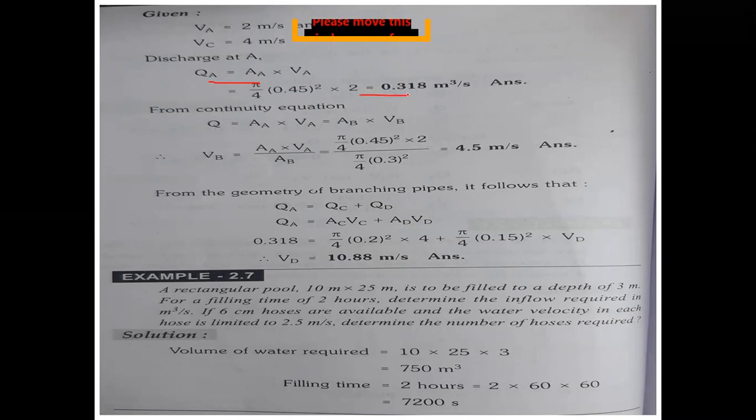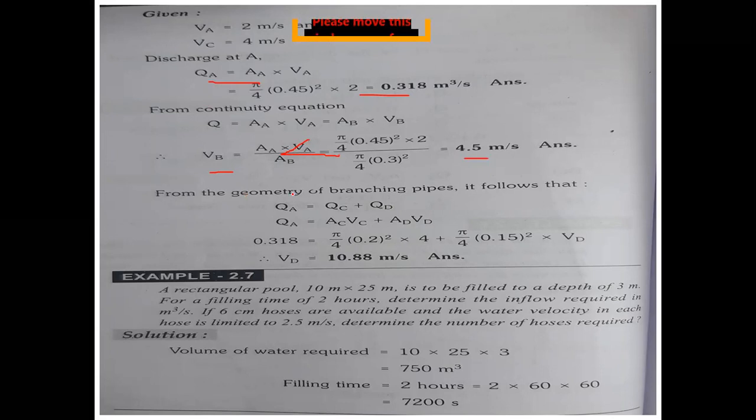Now from the continuity equation, Q is equal to A1 V1, or AA VA is equal to AB VB. Therefore, bringing VB to the left hand side and applying the values directly, we get 4.5 meters per second for VB.